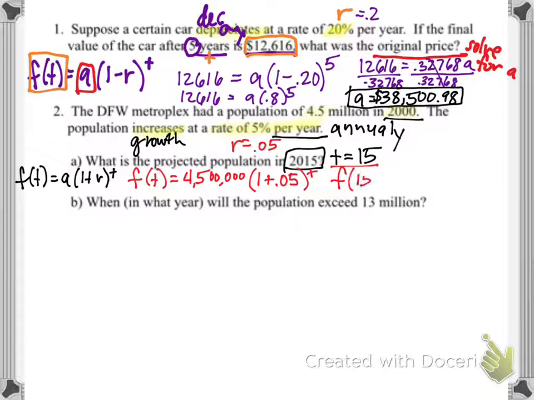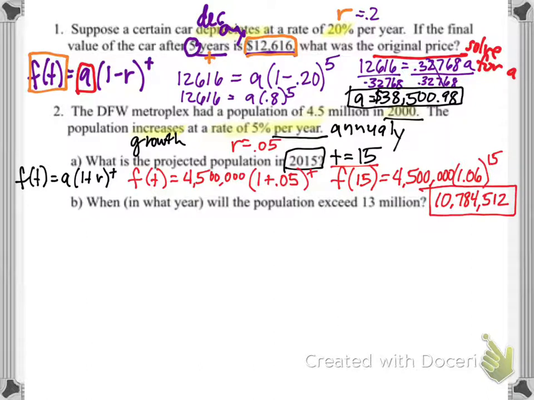So F of 15 equals 4,500,000 times 1.05 to the 15th power. And you should get 10,784,512. So in 2015, my new population would be almost 11 million.